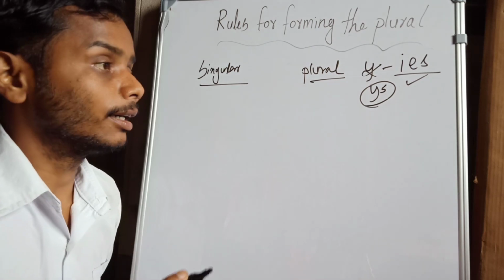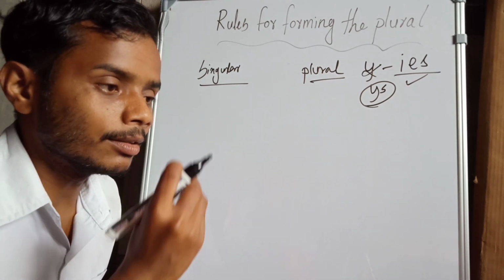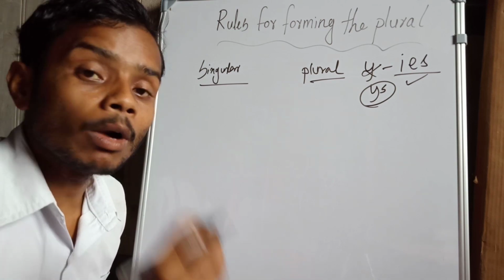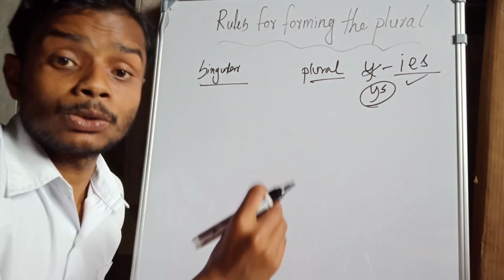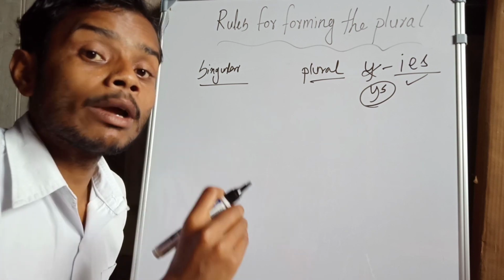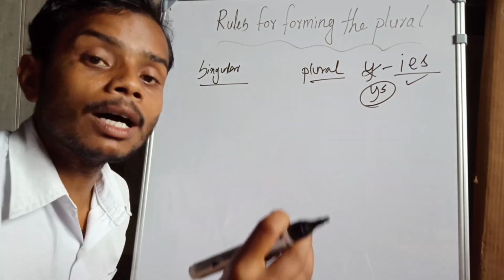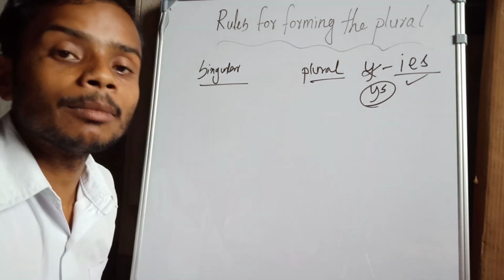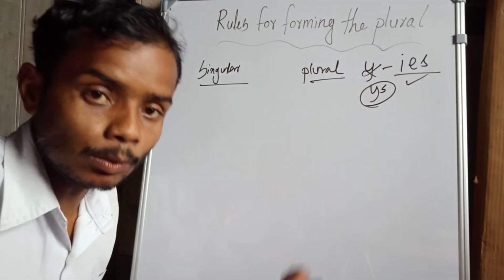See, look, there are some nouns ending in Y. So what you have to do, but before Y, if a consonant is there, then you have to add IES. You have to remove the Y and you have to add IES. Then that noun will become a plural noun, singular to plural.